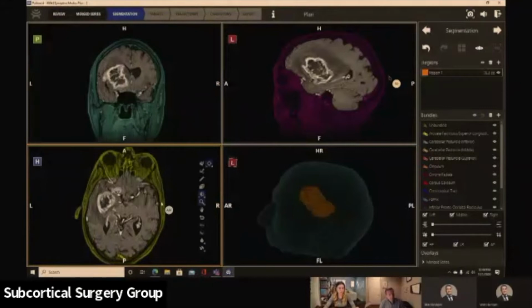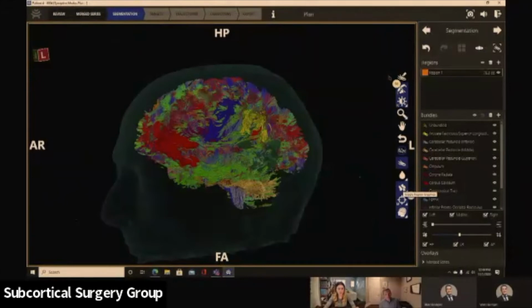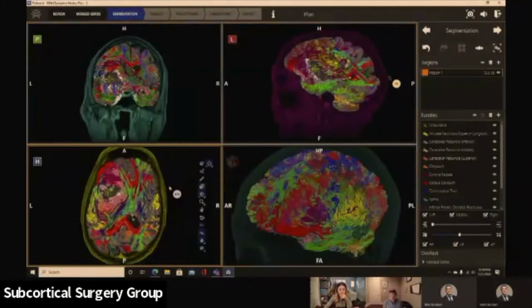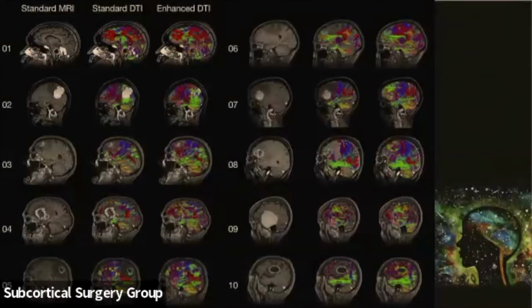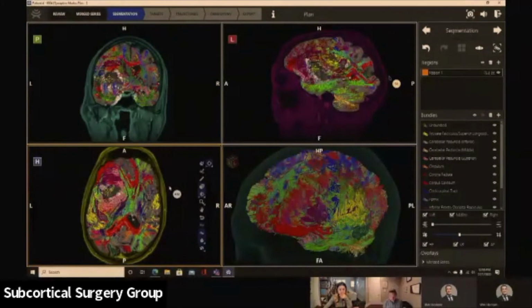So they would watch a presentation in which they had first a presentation of the uncorrected tractography, and then a presentation of, these are videos that I would like to see played, of the corrected tractography. And in the corrected tractography, I don't see it playing, but we see a tremendous amount.